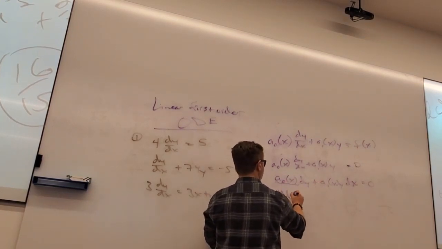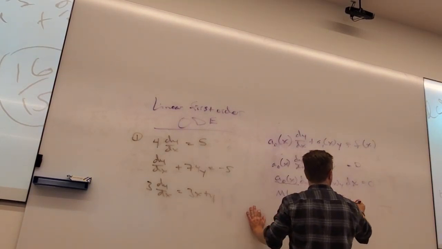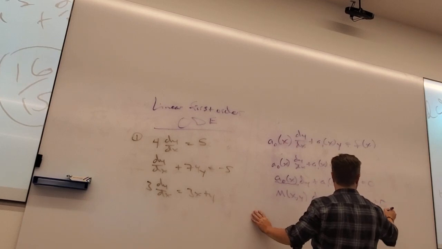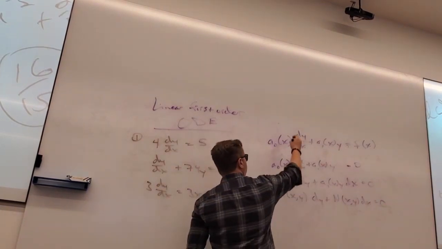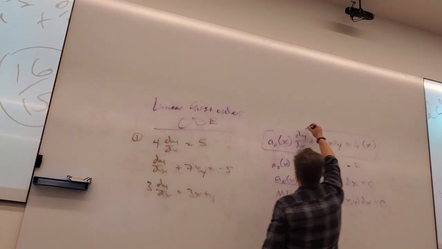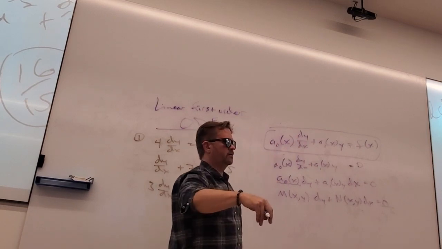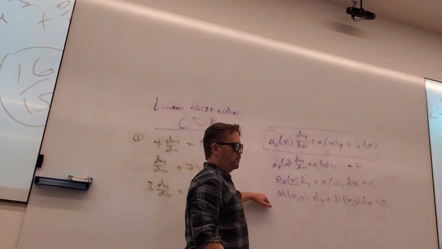We're going to call this M(x,y) dy plus N(x,y) dx. So this is a general first order linear ordinary differential equation. We're going to rewrite the damn thing in so many different ways.